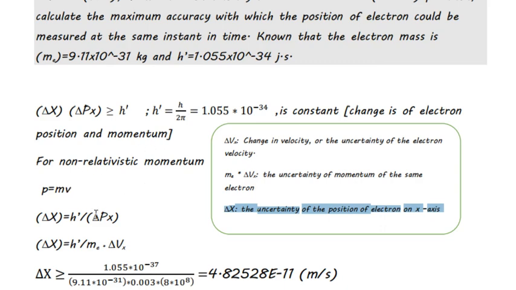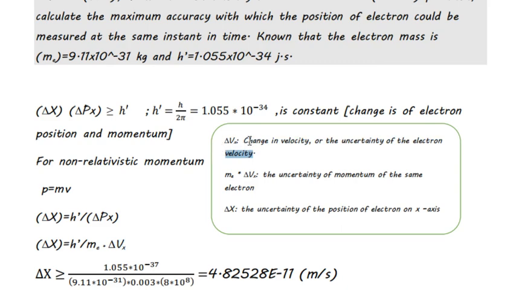Simply, we place delta x equal to h bar divided by delta p, and for non-relativistic momentum, momentum equals mass multiplied by velocity. Since we are dealing with electrons, it's the mass of the electron multiplied by the change of the velocity of the electron, which is also known as the uncertainty of the electron velocity.